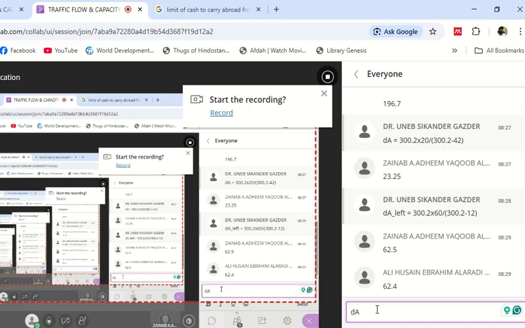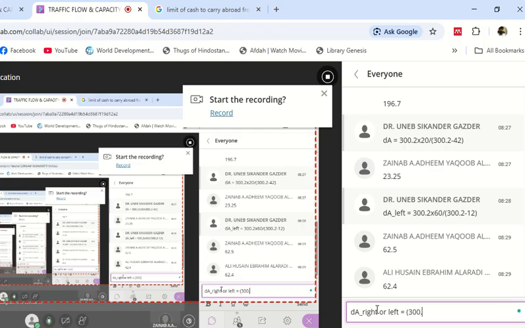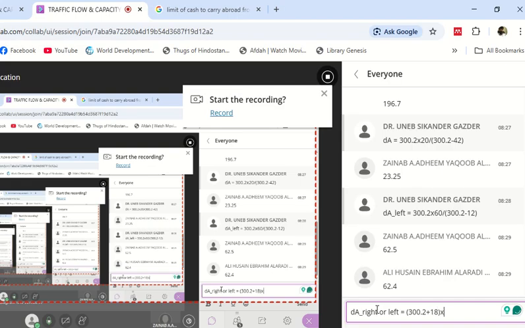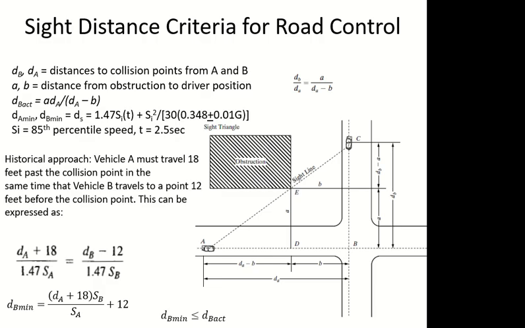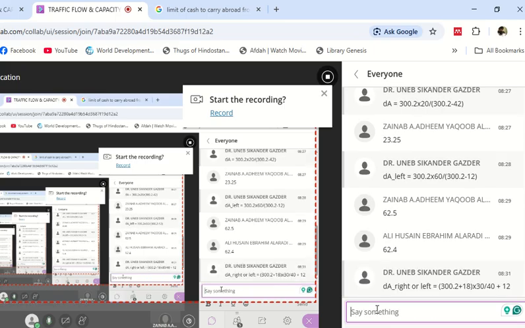So if I use this ratio, I'm putting it dA because in the diagram it is vehicle A. Speed for the other vehicle, distance for one vehicle, this speed for the other vehicle, so 30. So how much is that?